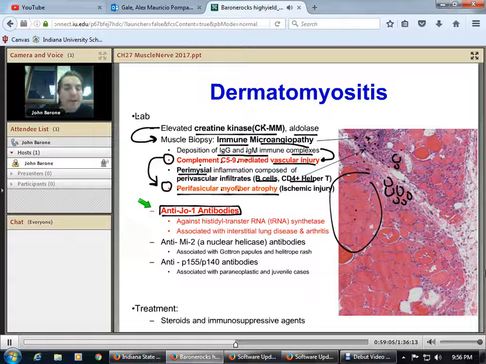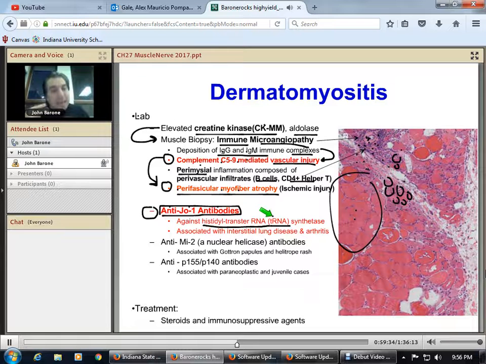All right, now I told you I'd talk about this antibody, because again, autoimmune diseases have antibodies. So the classic one that's associated with lung disease especially is anti-Jo1 antibodies, and they like to ask it. Now this is an antibody that's against histidyl transfer RNA. So it's tRNA for histidine. So this is the antibody against tRNA synthetase.